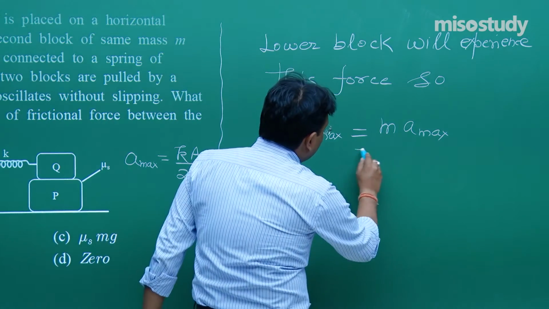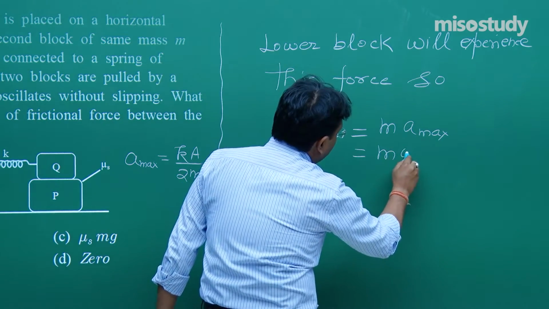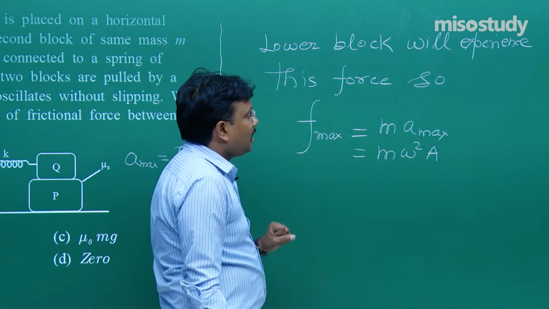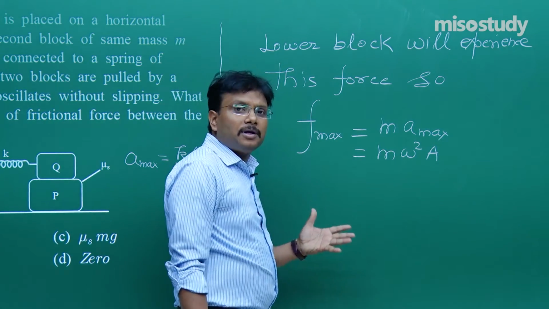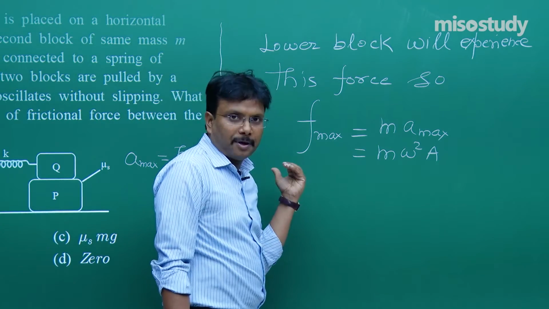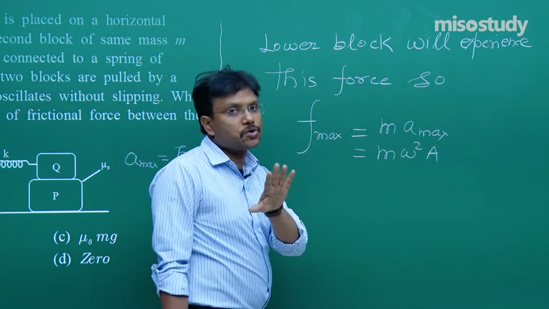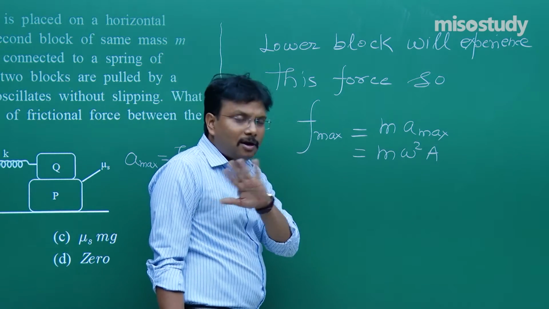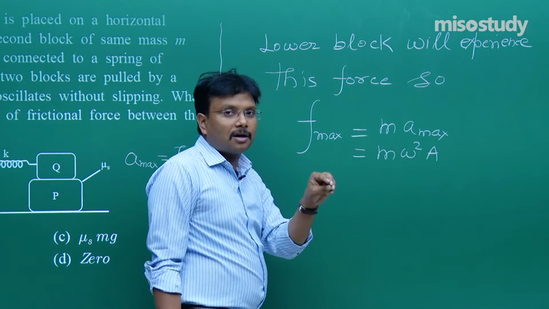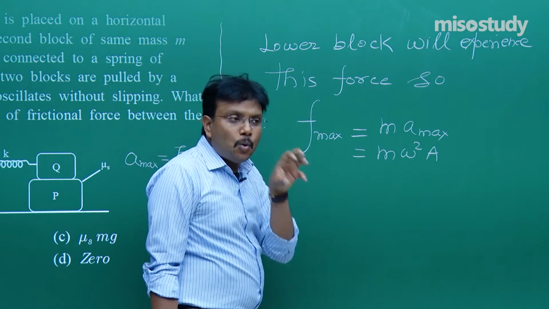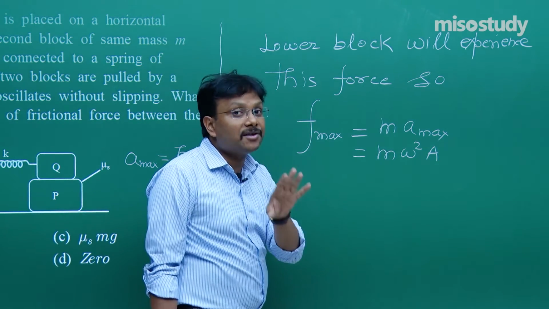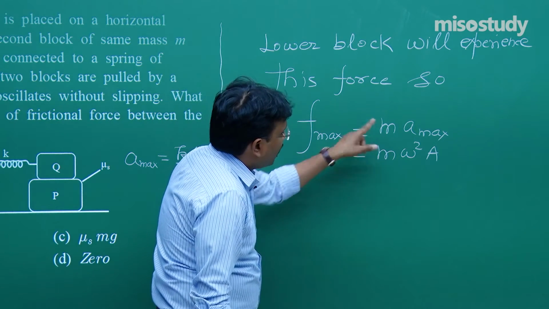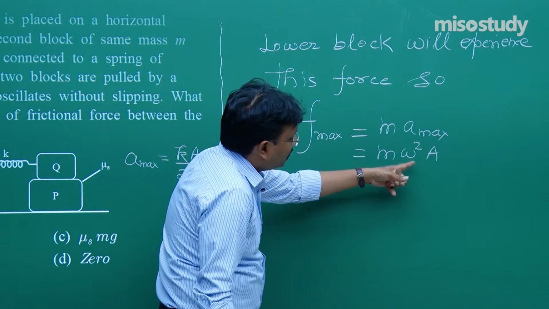Now it is something which I can write down as M omega square A. So you can very easily say, whatever we learned in the initial stages of this chapter, I am just utilizing those concepts. So this question, I mean JEE Advanced pattern questions, they are not difficult. They just check how much you are comfortable in basic concepts. So F max is equal to M A max, and then replace the value of this A max.